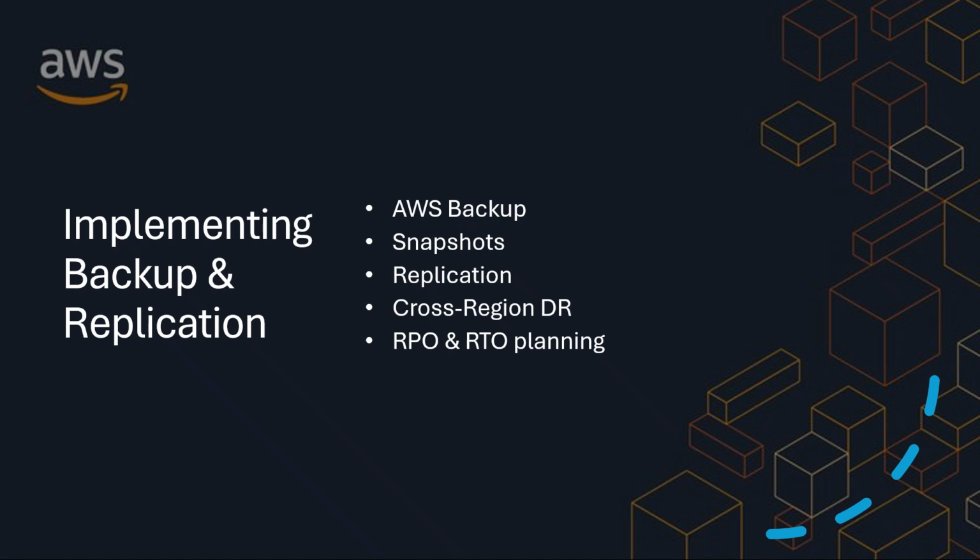Snapshots preserve point-in-time copies of your data, while replication, including cross-region replication, ensures resilience even if an entire region becomes unavailable. By defining recovery point objectives, that is RPO, and recovery time objectives, that is RTO, you select a strategy that balances cost, speed, and durability to meet business continuity and compliance needs.